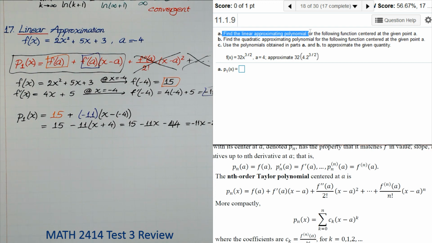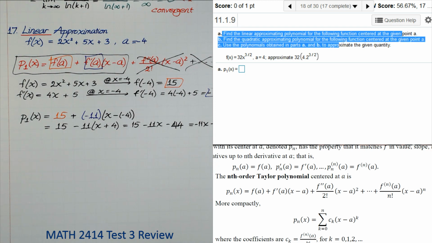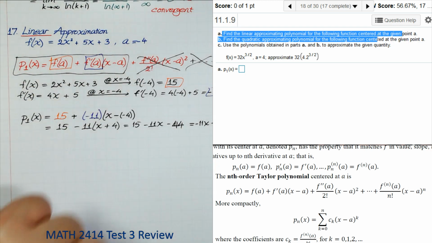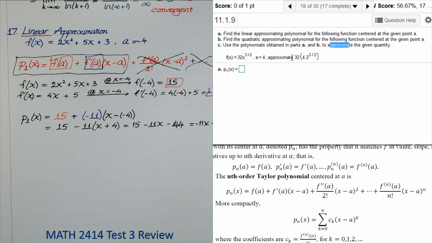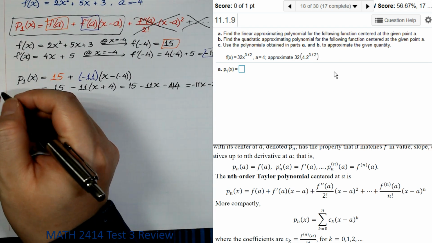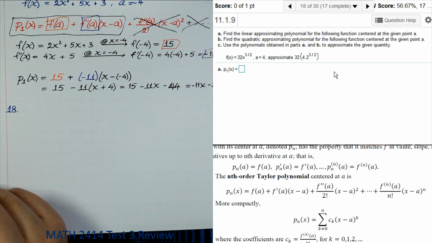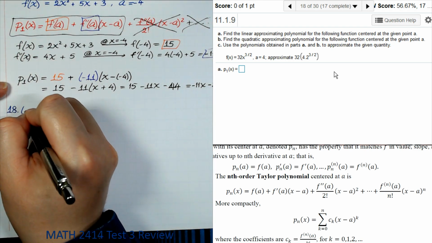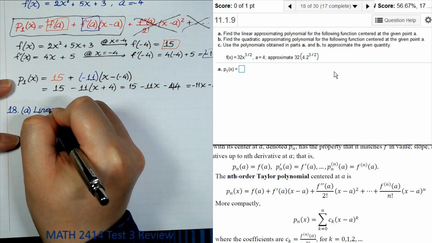So first find the linear approximation, and then next the quadratic, same thing but including that, and then use the power polynomial to obtain part A and B, and approximate this. Right. So let's do part A, linear approximation.